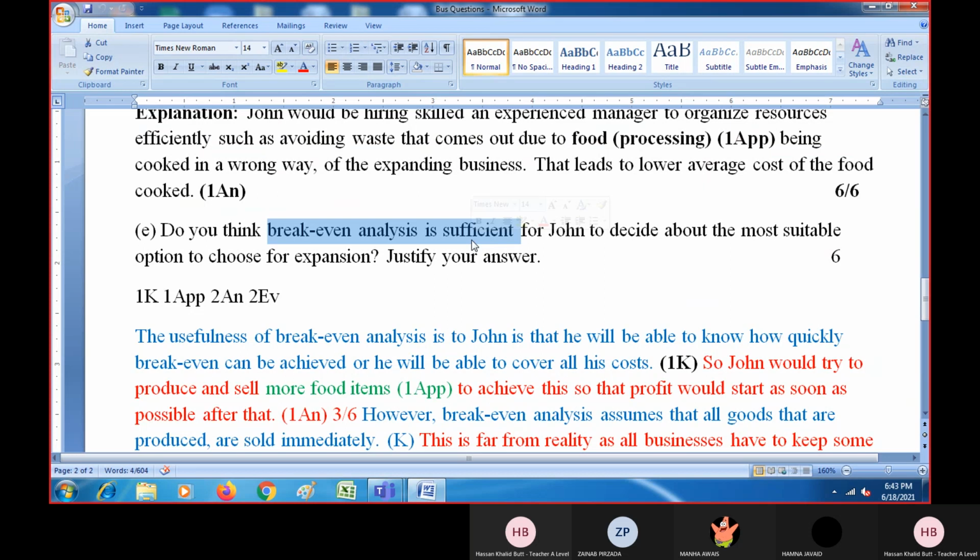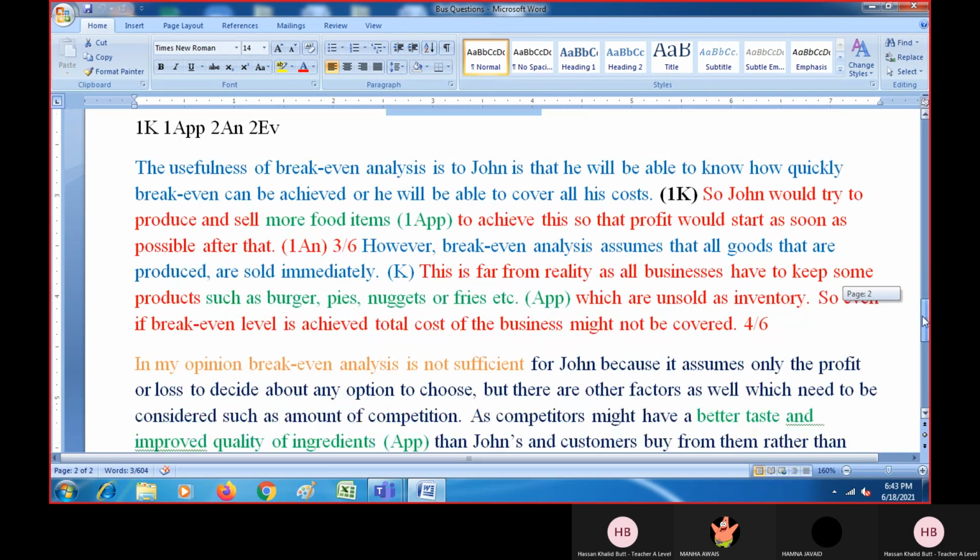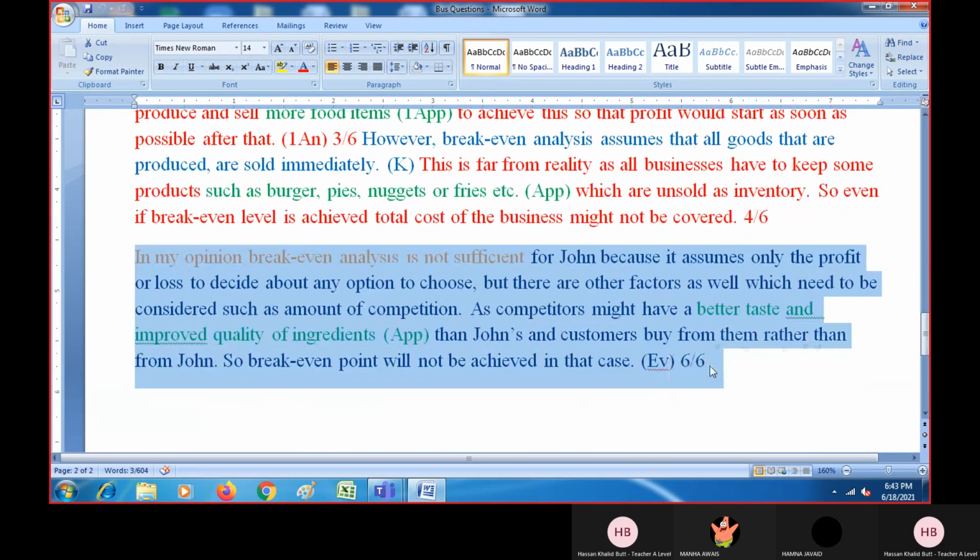But in such types of questions, which require evaluation, and they usually start with do you think, or they say justify your answer, when you give your own opinion, justification is required as well. So you can go either side, no problem at all, but you have to give the justification behind it. Otherwise, you won't get marks for the evaluation at all. And you can see that here, after giving the evaluation, we are able to get 6 out of 6 for the whole question, because we required 2 more marks there, right?